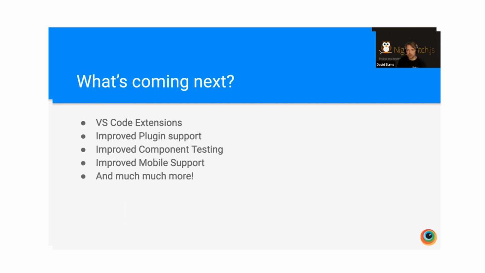There's improved plugin support that we want to do. We're trying to see if we can find some of the best plugins from the community and make sure that we ship those to people that we see value in. If you have a plugin that you've created, but you don't always have the time to maintain it, there is a program for migrating that repository over to the Nightwatch JS community GitHub organization.